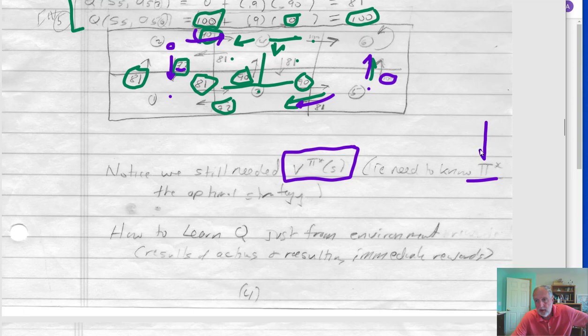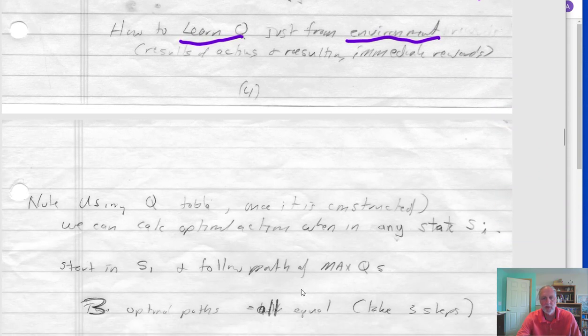But the advantage of the q is in the next lecture, we're going to learn that even if we don't know an optimal policy, we just explore the environment and we can learn this q function, and then it will tell us which way to go optimally. So we can learn q just from the environment, and that completes the picture of how you can learn an optimal policy without actually knowing anything about the environment at all.